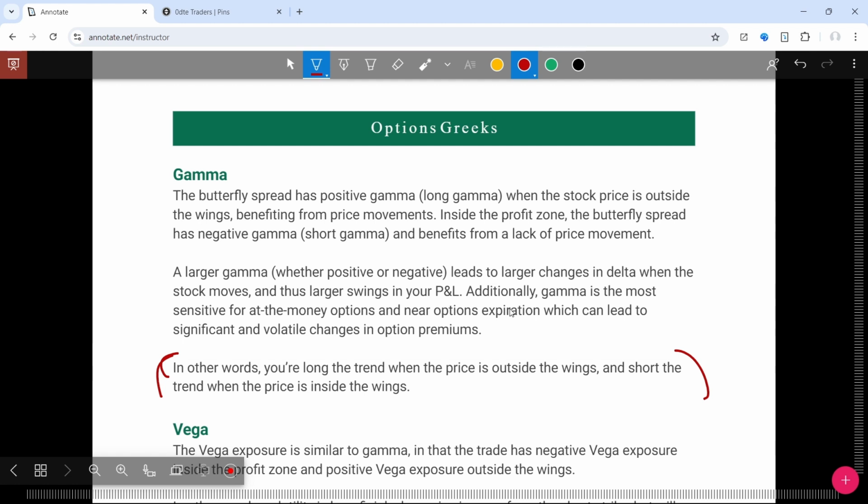So remember how I was saying I've had so many times a butterfly that was trading for $20 and then end of day is trading for $400, $500 in like 30, 40 minutes. You see that quick change. Okay, this is due to that gamma. So there is elevated risk trading or holding these into the end of the day option expiration. So that volatility and premium can work in both directions.